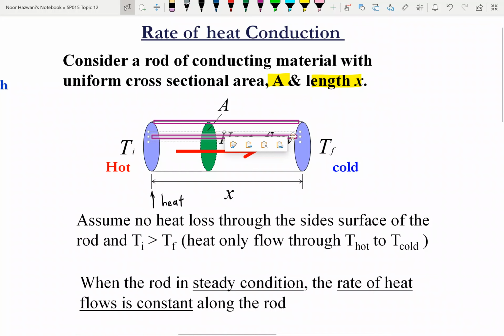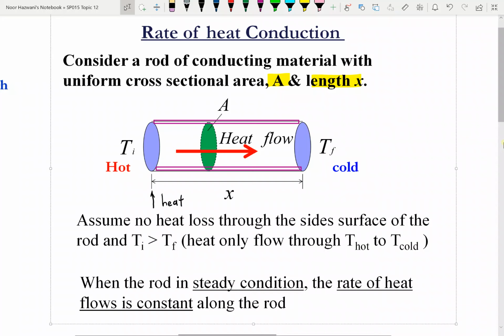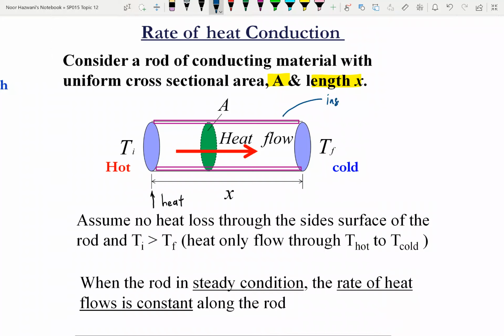So bila you insulate you punya rod, ni basically insulator you lah yang warna purple ni. So, bila you ada insulator, we can assume that there is no heat loss to surrounding. So, maksudnya 100% heat will be transferred from hot to cold, tanpa ada kehilangan haba.